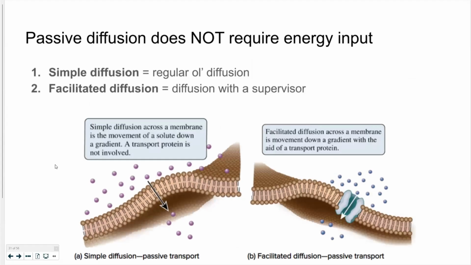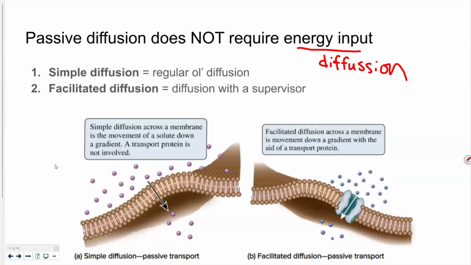And that is the mechanism that passive diffusion relies on to reach equilibrium. Because we're depending on diffusion, we do not have to add ATP for this to happen.